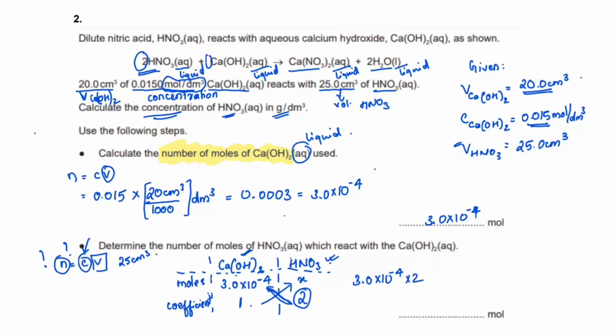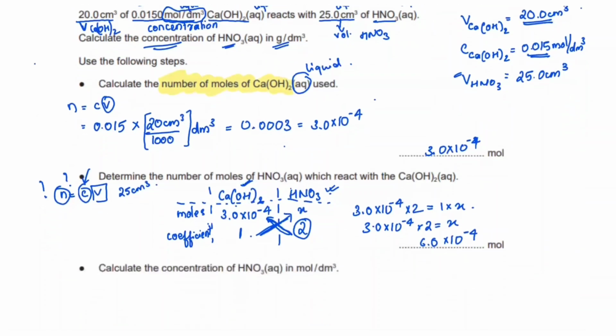So 2 into 3 into 10 raised to minus 4 should be equal to 1 into X. So X will be nothing but 3 into 10 raised to minus 4 times 2, or that value is going to be 6 times 10 raised to minus 4. So this is the number of moles of HNO3 that is present.